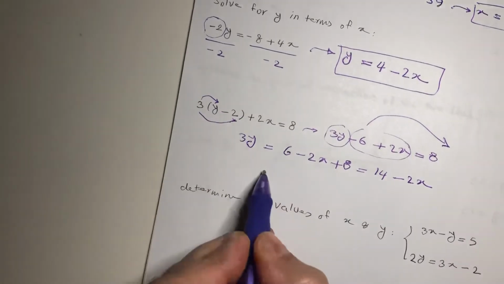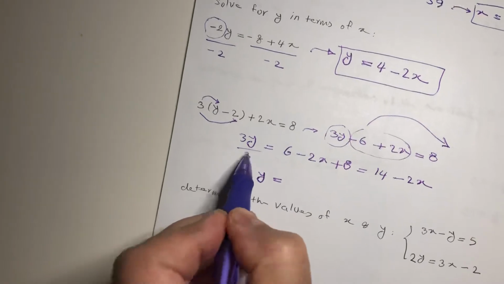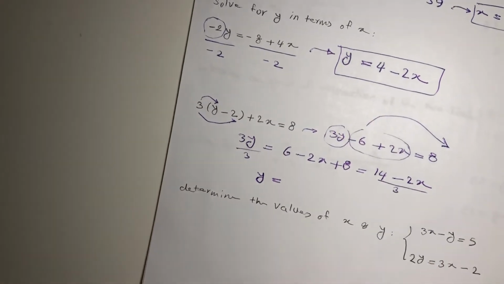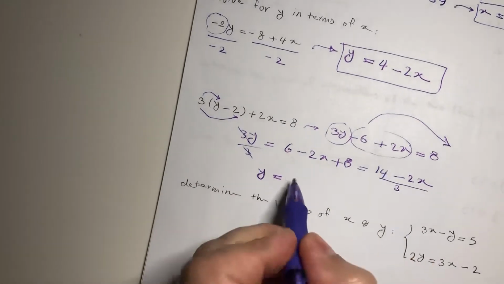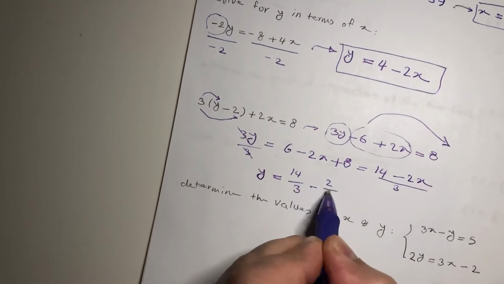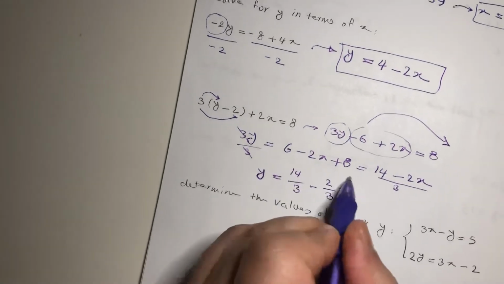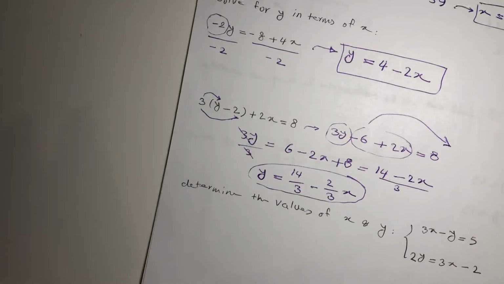In order to find y, we need to divide both sides of this equation by 3. So here we will have y, here we will have 14 over 3 minus 2 over 3x. So this is y in terms of x.